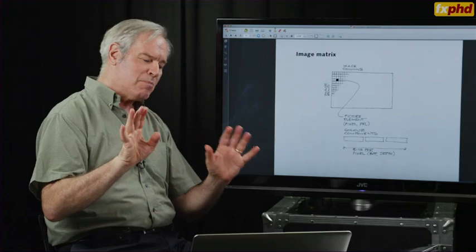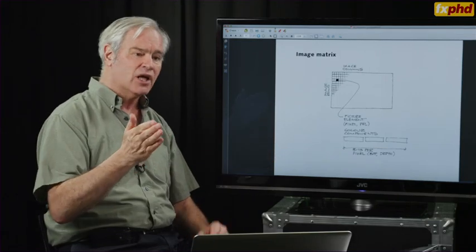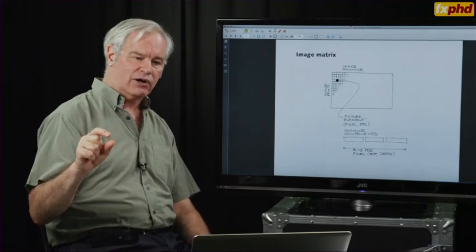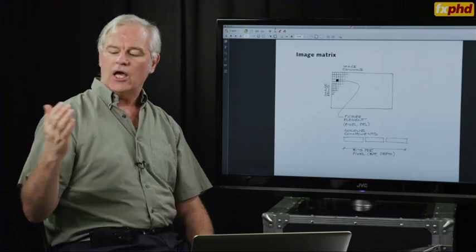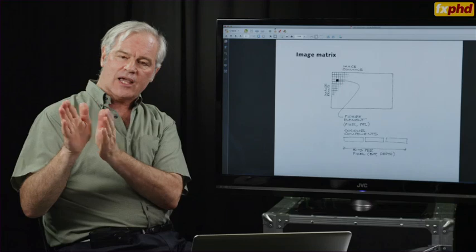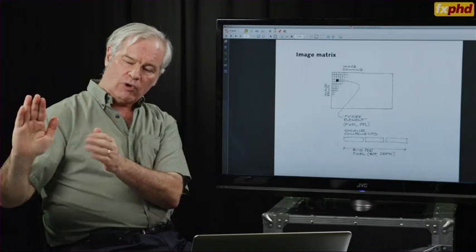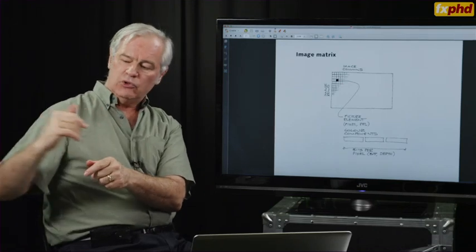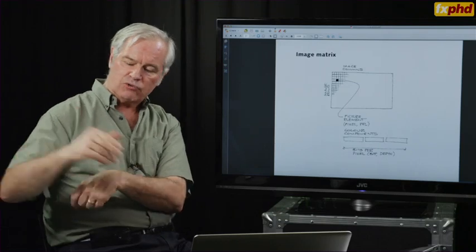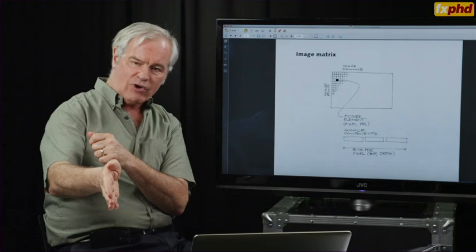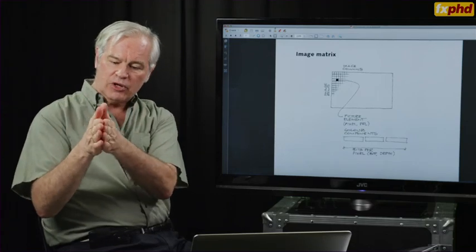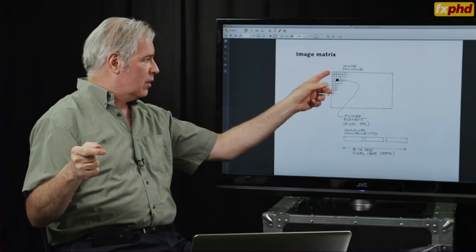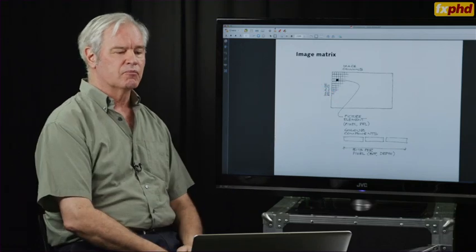Now, perhaps the best way to do image acquisition and image display is to think of a way that we could construct physically and electronically a camera that would take the shortwave component of the spectrum coming in, make that blue, the medium wave component, make it green, the long wave component, make it red, but have all of those components perfectly superimposed on the image matrix like I've shown in this diagram.